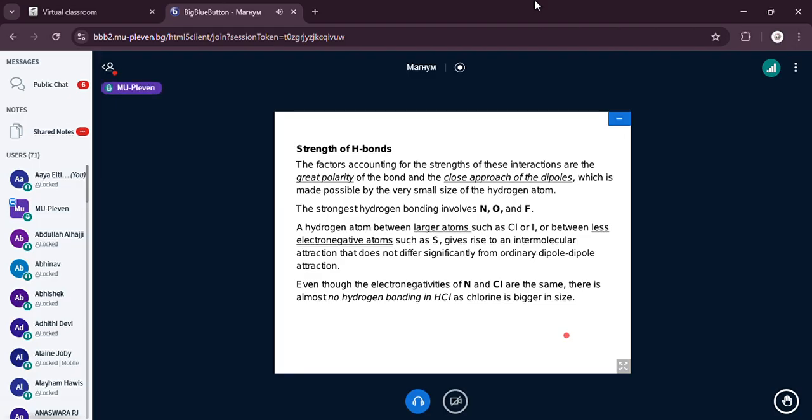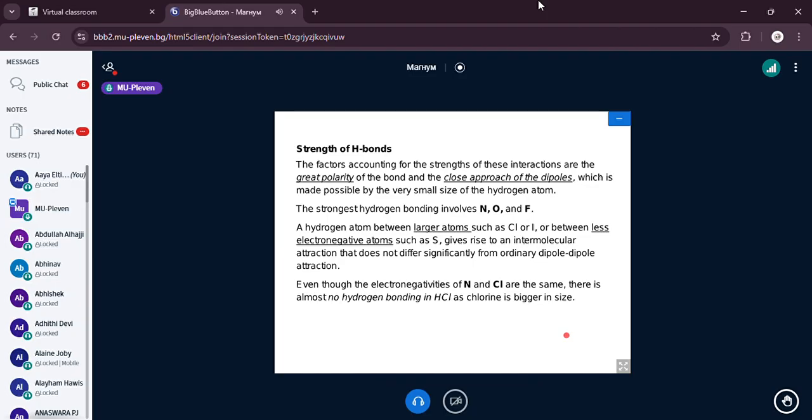Strength of hydrogen bond. So this type of bonding has an electrostatic nature, and obviously the strength depends on polarity of such bonds, on polarity of covalent bonds in which hydrogen atoms are involved, and it depends on the distance between such dipoles.